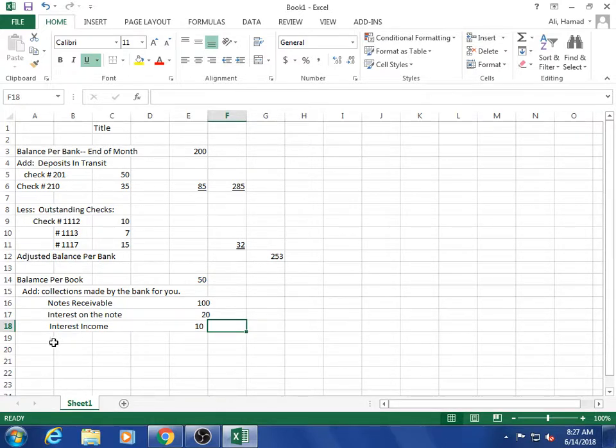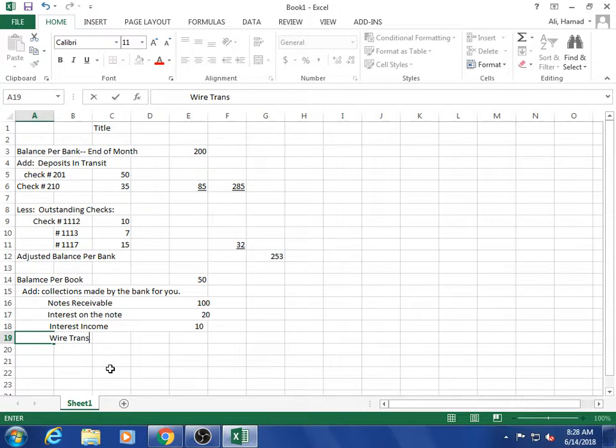Let's assume that you had a wire transfer, like Western Union. If we say the wire transfer is $100, what would be our total? 50, 150, 180, plus this $100. So your total is now 280.